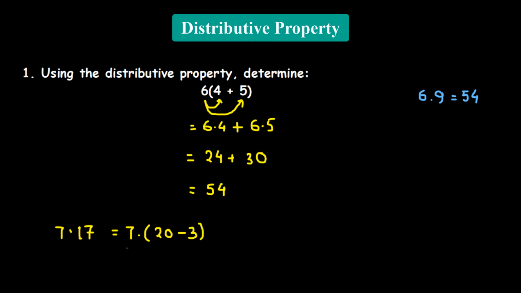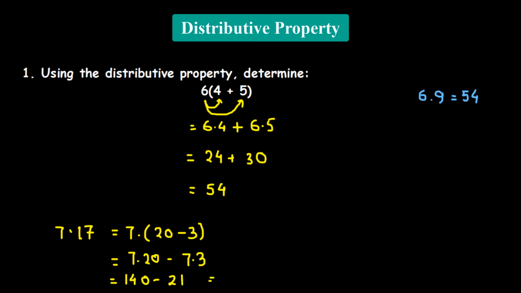So that's the same thing as 17. Now we're going to apply the distributive property. We have 7 multiplied to 20, so that will be 7 times 20 minus 7 distributed with 3, so that will be simply 7 times 3. So 7 times 20 will be 140 minus 7 times 3, which is 21.